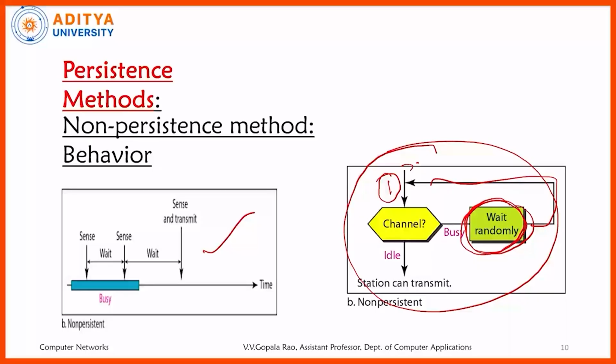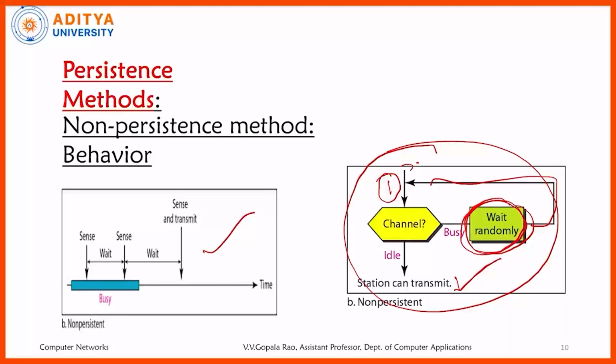There is a possibility of noticing the channel idle, and once you notice the channel is idle, then only the station is allowed to transmit the data. So this non-persistence method is a slightly modified version of the one persistence method. In this, the waiting time is on a random basis. That is why it is called the non-persistence method.